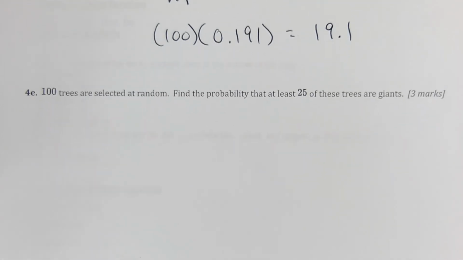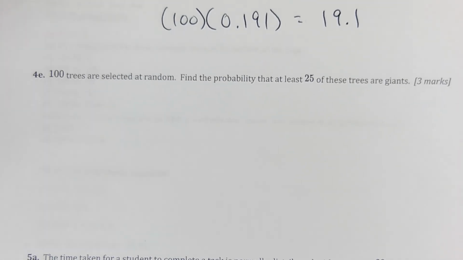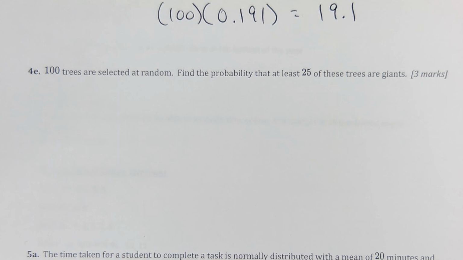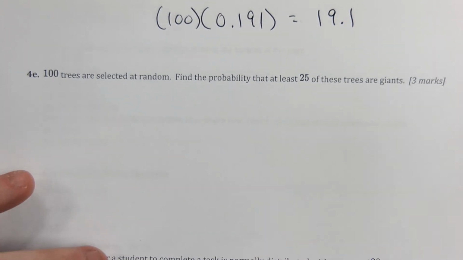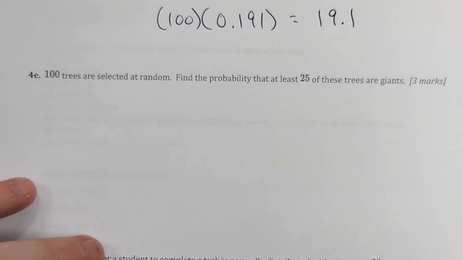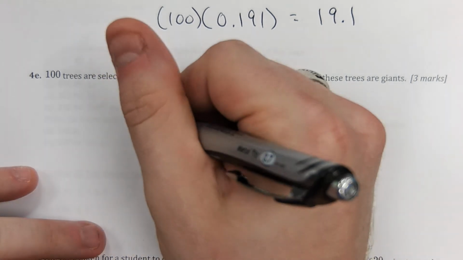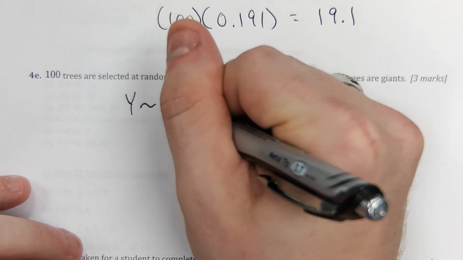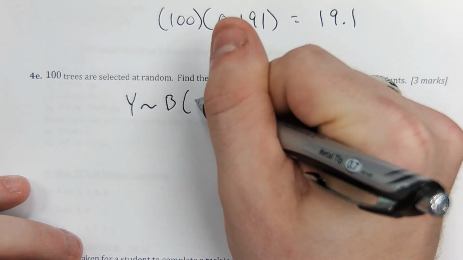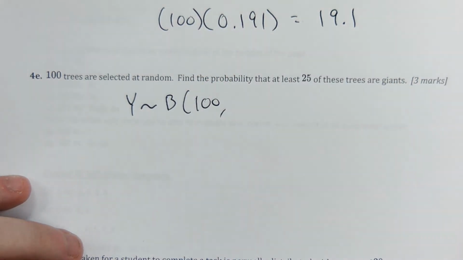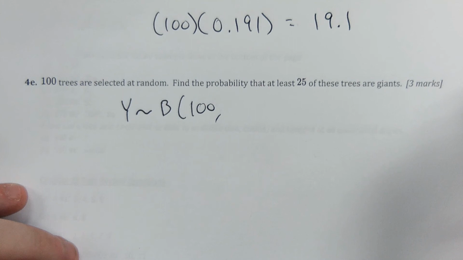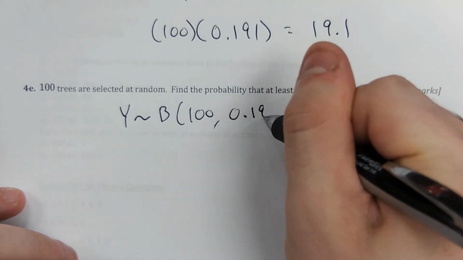Alrighty. Find the probability that at least 25 trees are giant. So at this point, this is binomial CDF. Let's define a new variable. Y is distributed binomially with 100 chosen and the probability of success being 0.191.